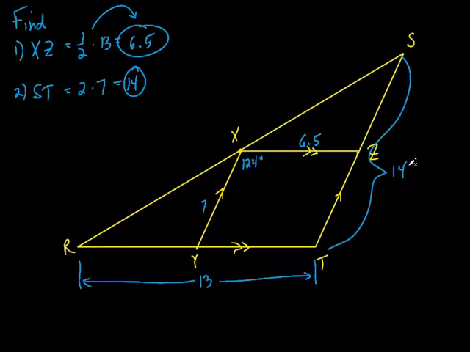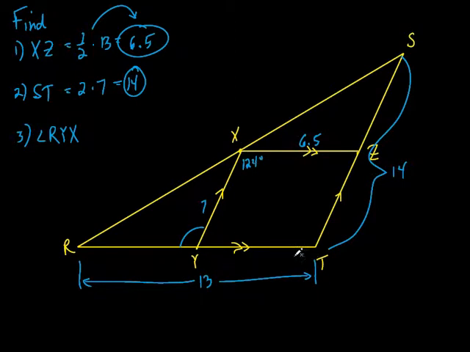All right, what's the third thing they ask you for? It's an angle. It's angle RYX. Let's find where that is. Here's R, here's Y, here's X. So this is the angle that I'm trying to find right there. What do you think? Any ideas on that? Well, you could do this.